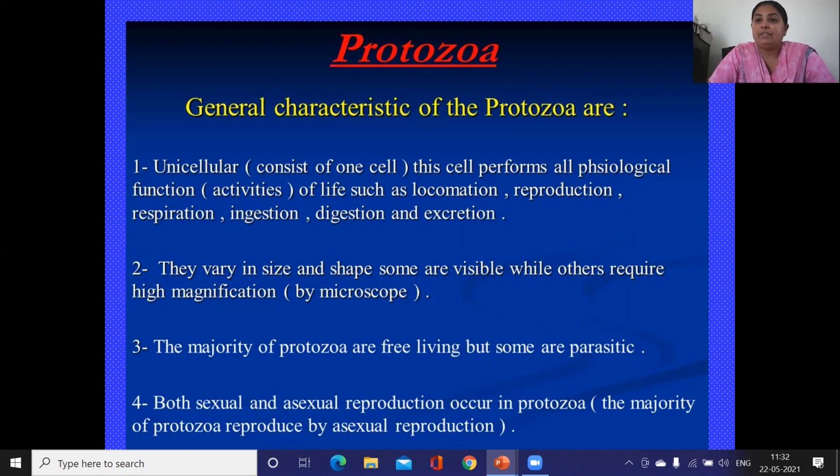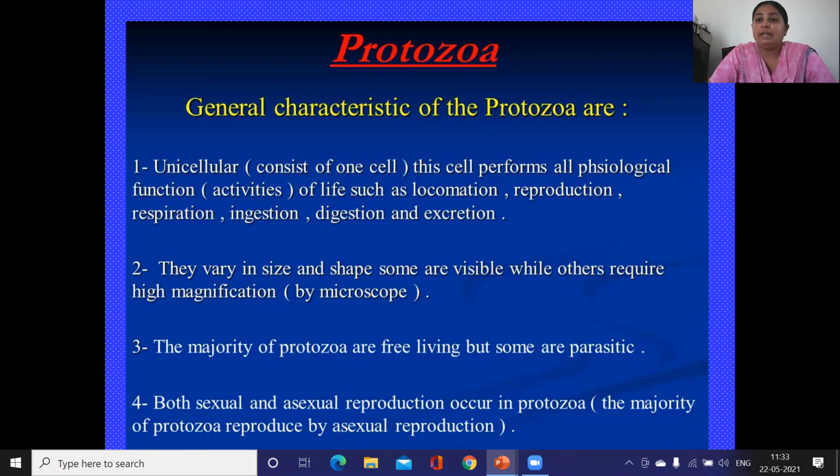They cannot be easily visible to the naked eye, so you can only observe them through the microscope. Regarding their habitat, most of the protozoa are free living, but some of them are parasitic.